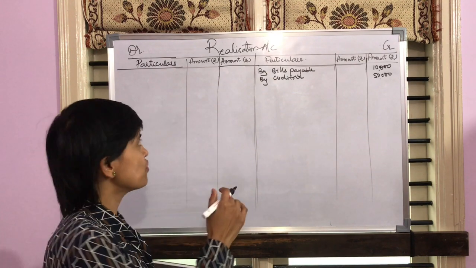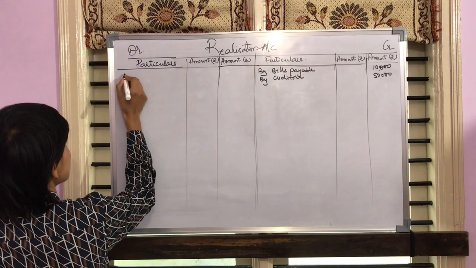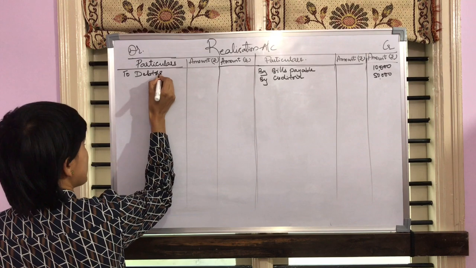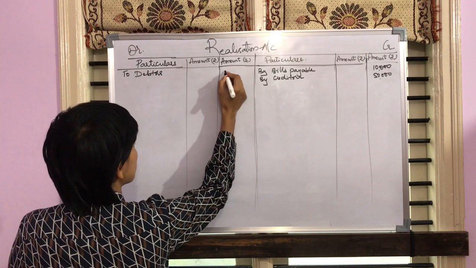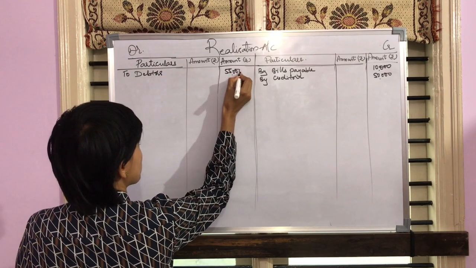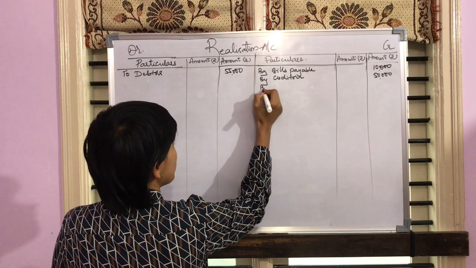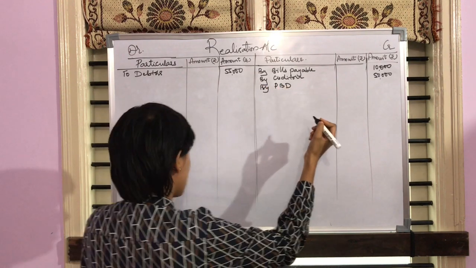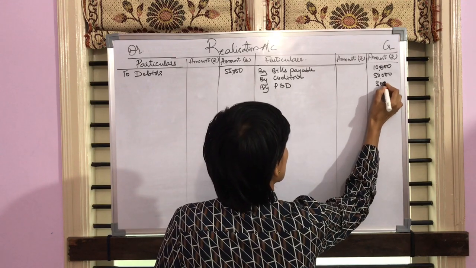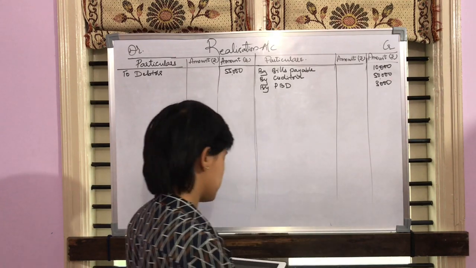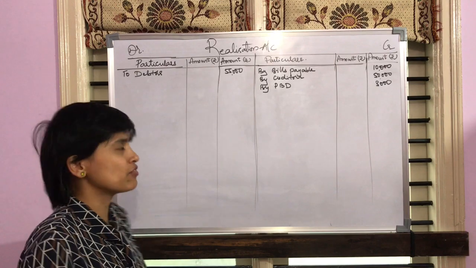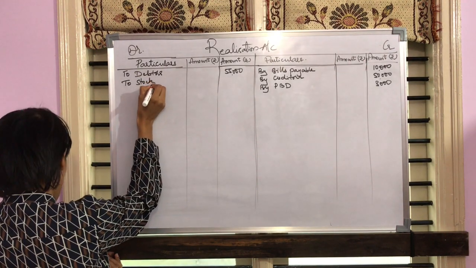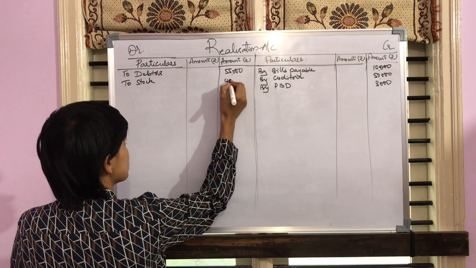So therefore, first on the debit side, write it as to debtors account 55,000. On the credit side, write it as by provision for bad debts rupees 3,000. Next, we have stock. Let's write the stock value as it is.